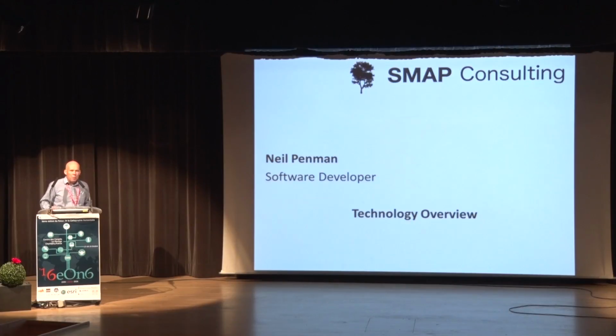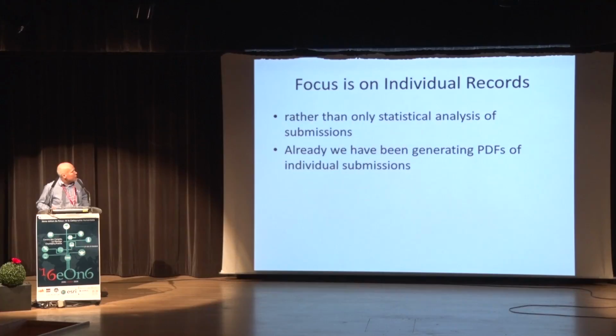So now it's on to me, SMAP Consulting. And one of the main differences from mobile data collection is that they're now focused on individual complaints, individual records that have been submitted, rather than focusing on statistical analysis of large amounts of submitted data.